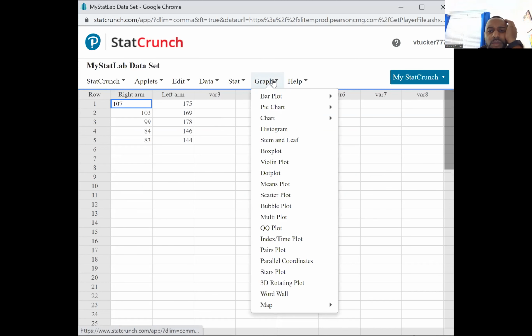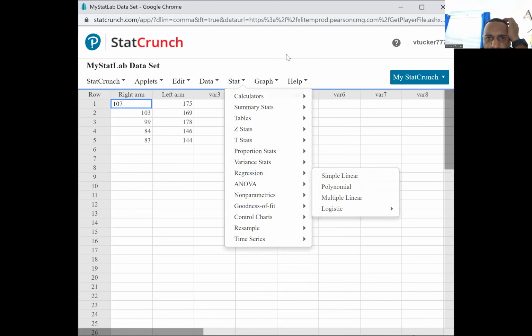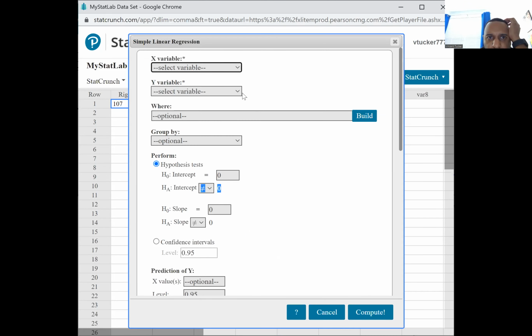So what we can do is go to stats, regression, and do simple linear. So once again, go hit stats, regression, simple linear. And our X is right arm, Y is left arm.